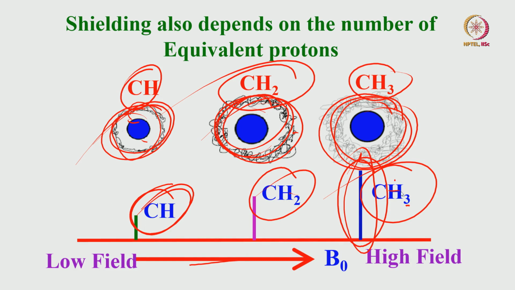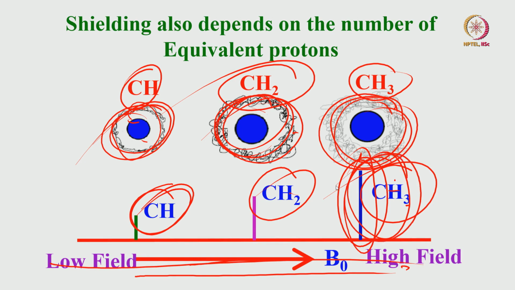So, there are 3 peaks, one more shielded comes at high field to the right side, because I am increasing the magnetic field direction from left to right, that is the convention in NMR. Field always increases when you go from left to right. So, more shielded comes to the right, then CH2 less shielded, then CH which is less shielded than these two. This is how the NMR spectrum comes.